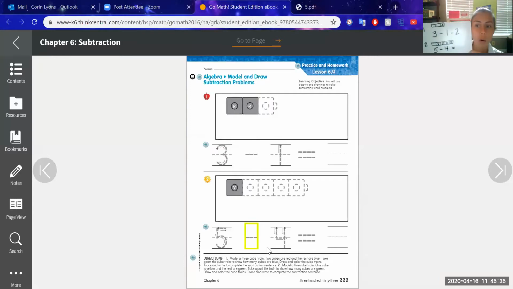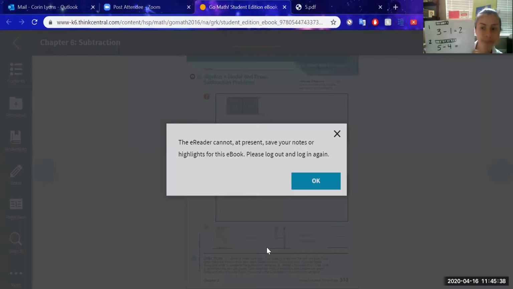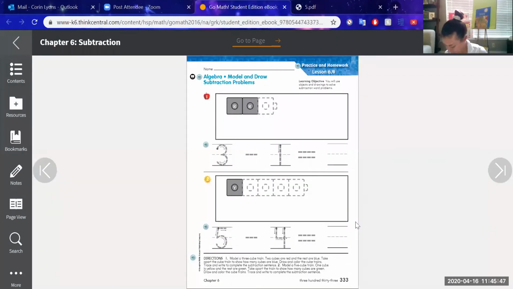If you cross out 4, how many are left? 1. That's right. 5 minus 4 equals 1.